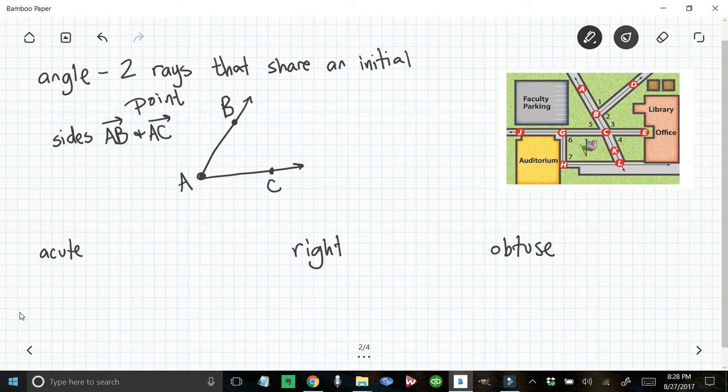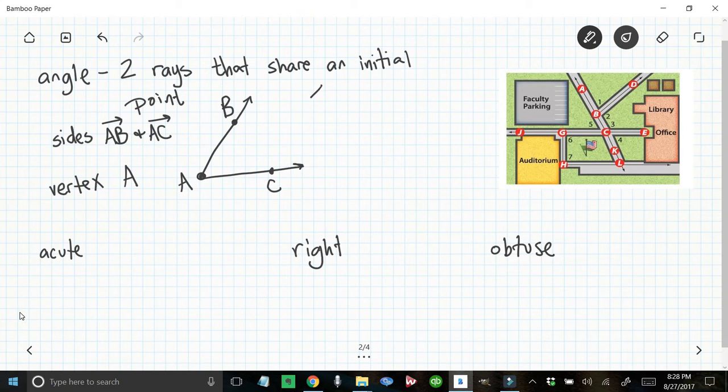The place where the two sides come together is called the vertex, and the vertex is a point, a singular point where those two rays meet. The vertex would be point A, and I can label that just with a capital A. And then the name of this entire angle, there's actually multiple ways that we could name it.